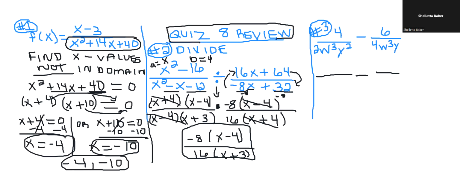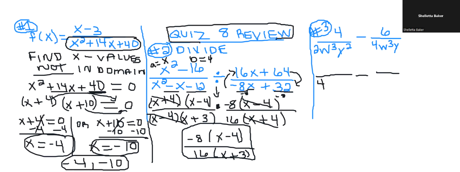Okay, so in our first fraction, what we see, we have 2w³ y squared. In the denominator of the second fraction, we have 4w³ y. The 2 and the 4, the least common multiple between 2 and 4 would be 4.